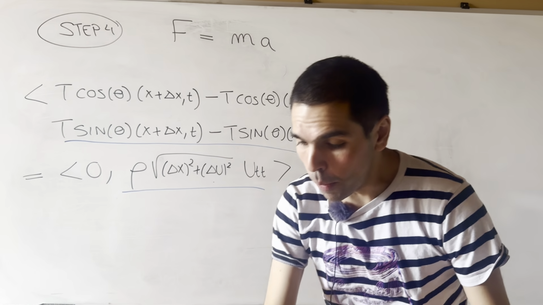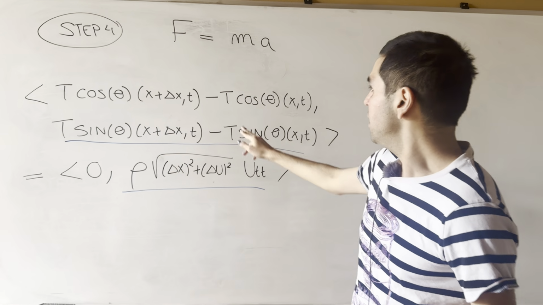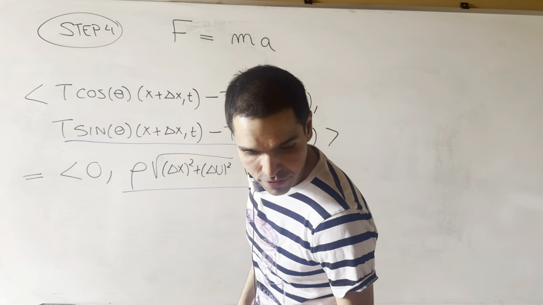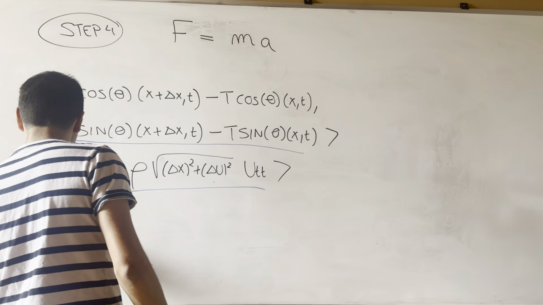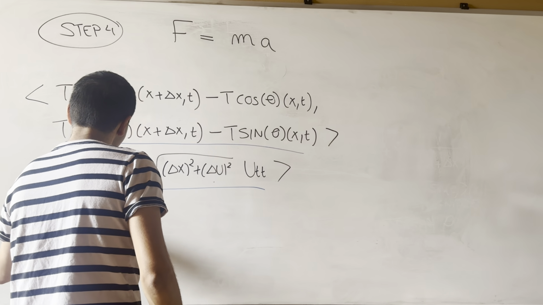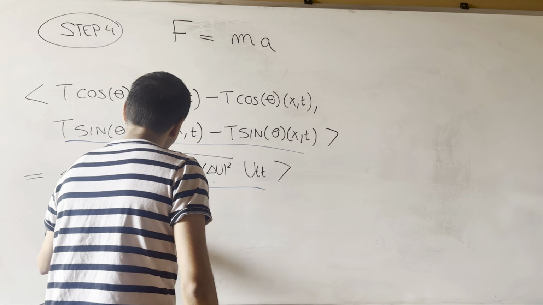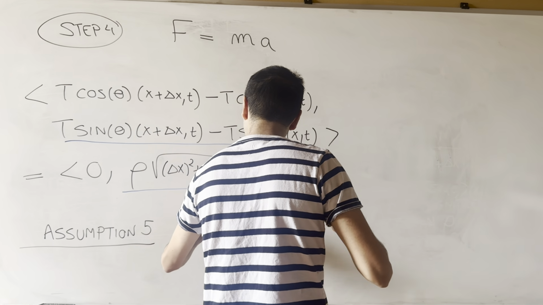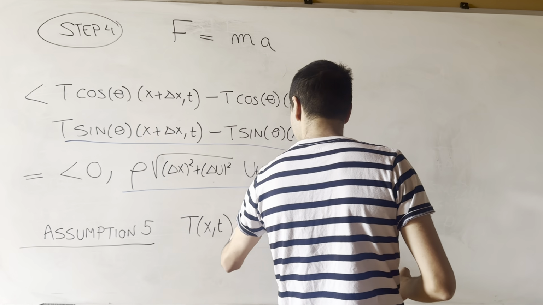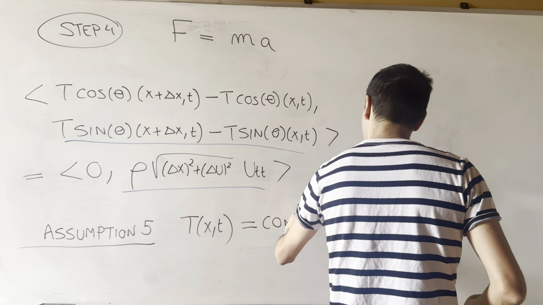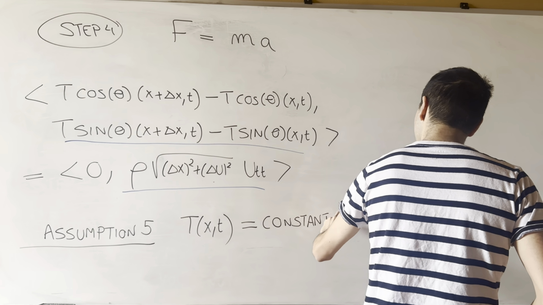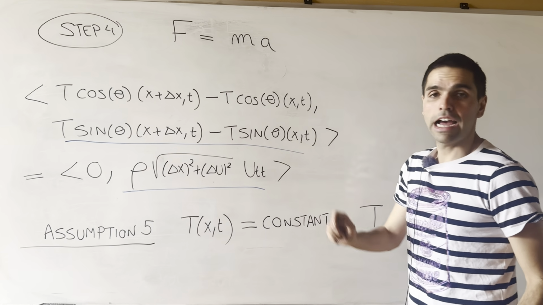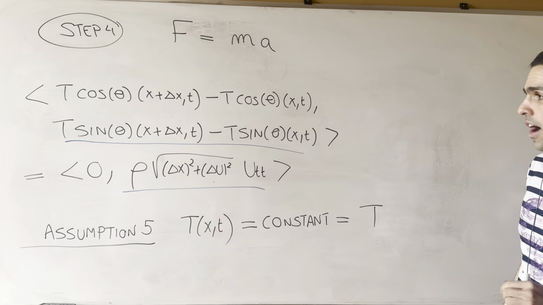Because at this point, I do want to tell you a little assumption about T. So assumption 5. So we will assume that the magnitude is constant. So we call it just capital T. So this capital T, you can treat it as a constant.